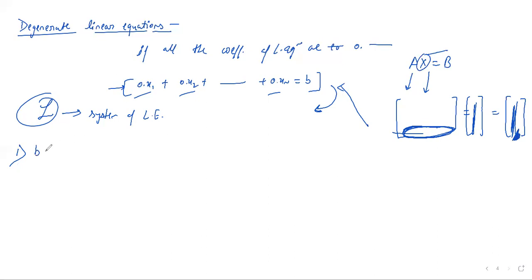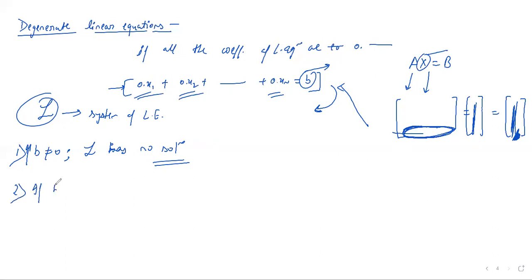If my b is not equal to 0, then the whole system L has no solution, because we have an equation where b has some value and all the coefficients corresponding to the unknowns are zero. So we have an inconsistent system, which means it contains no solution.